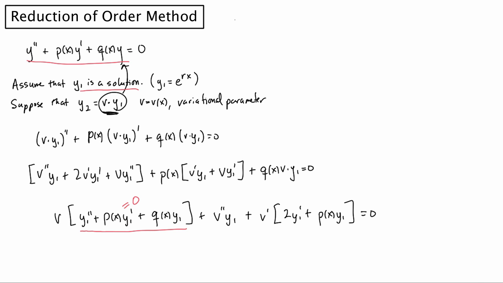Now if you look at what's left, I'm going to separate variables here, get all the v's by themselves and all the y1s by themselves. And so I get v double prime over v prime equals negative 2 y1 prime over y1 minus p of x.